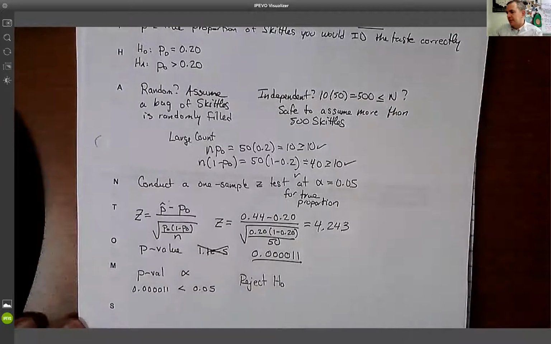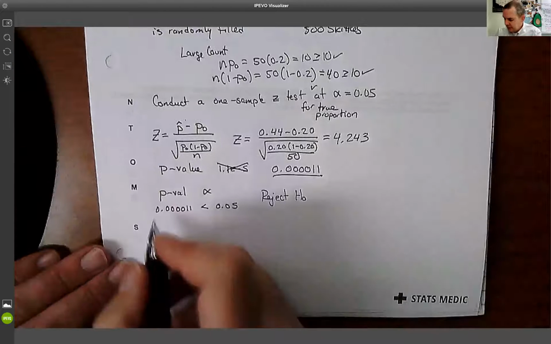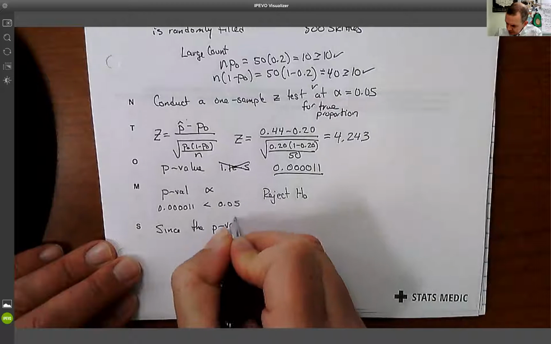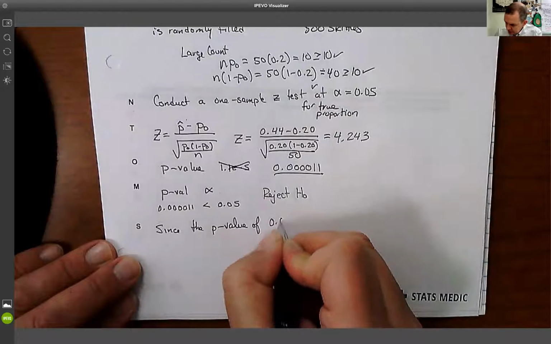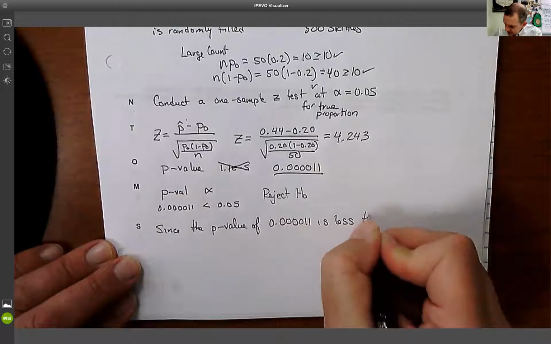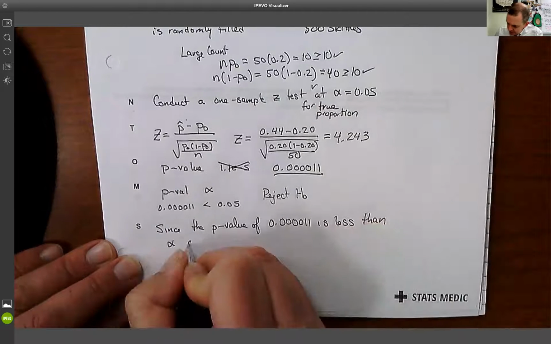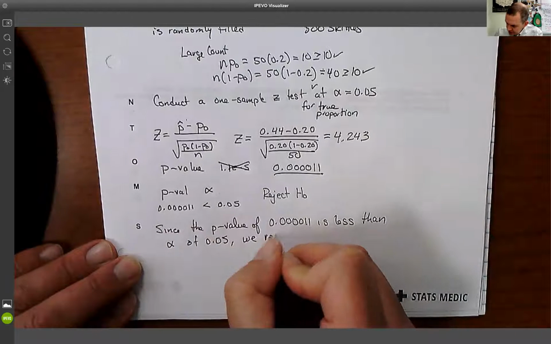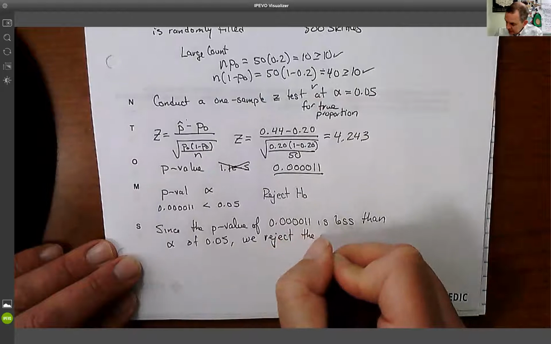So now we're going to state this final statement, and this is kind of like our Mad Lib. Since the p-value of 0.000011 is less than alpha of 0.05, we reject the null hypothesis.